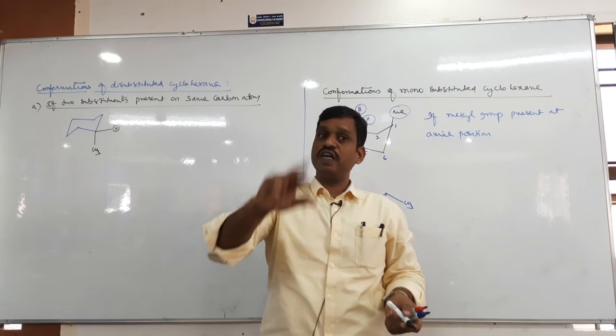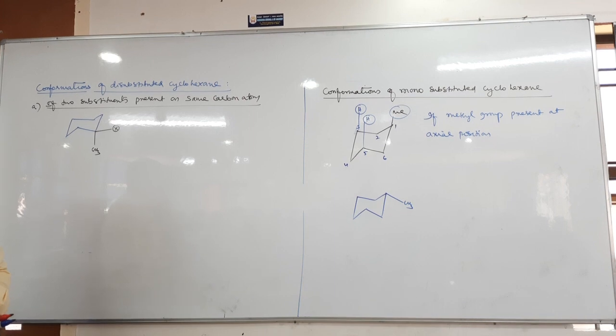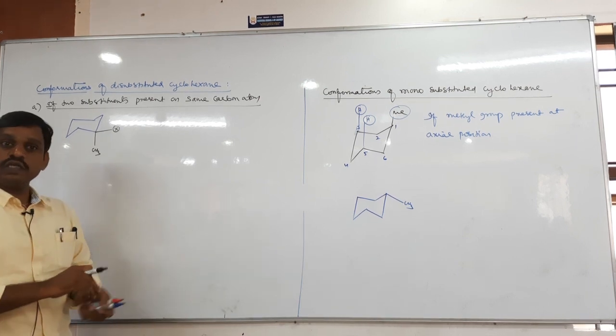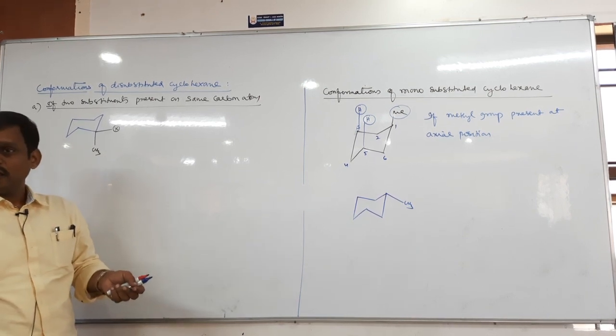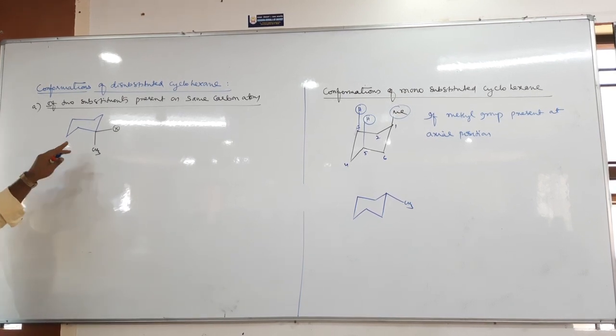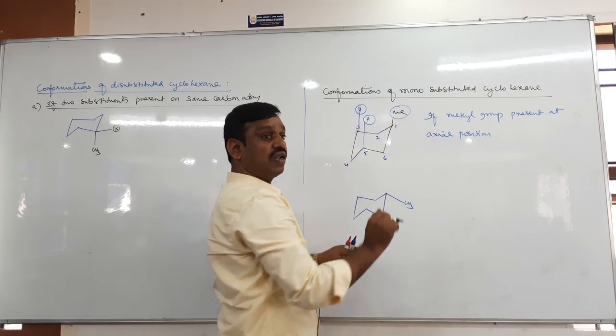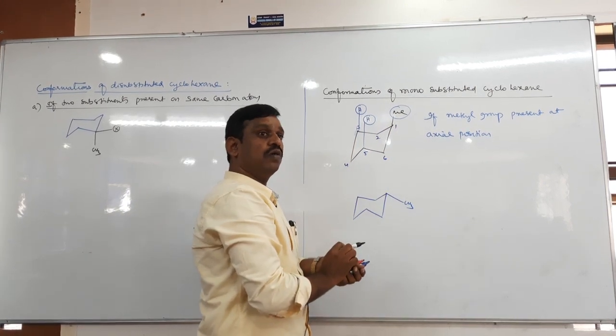If the two groups are different, where should the bulky group be present, and where should the smaller group be present? The bulky group should be present on the equatorial position, because it experiences less repulsion, or no repulsion. The smaller group should be present on the axial position, because when a smaller group is at the axial position it has less interaction compared to a bulky group.